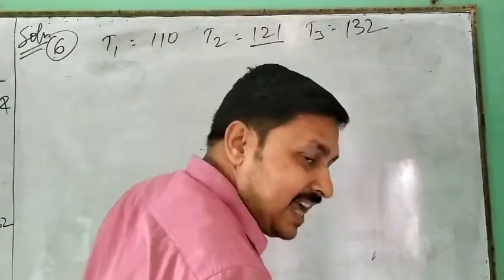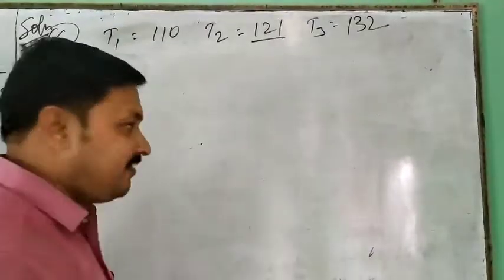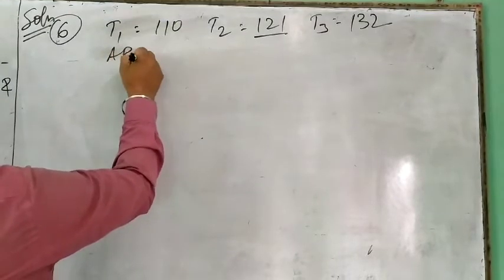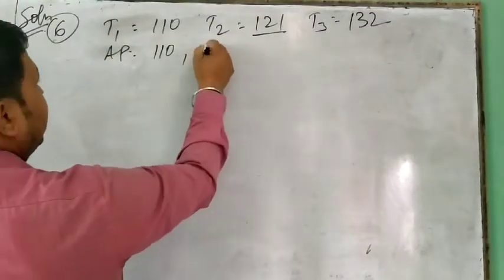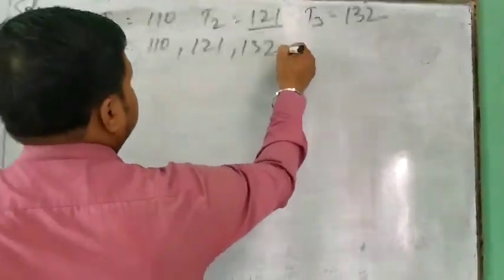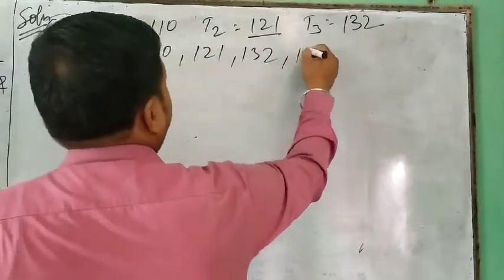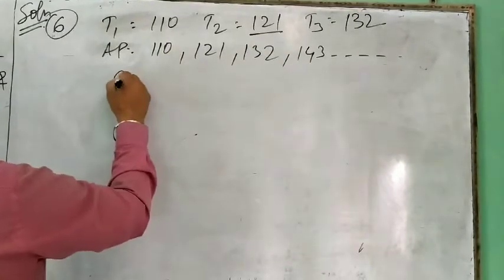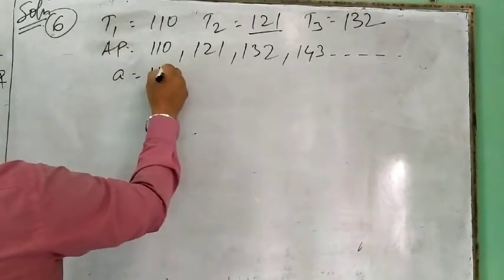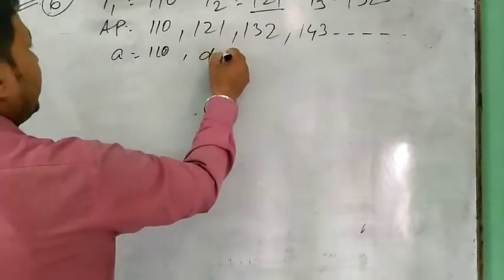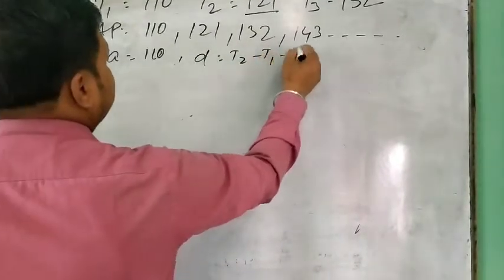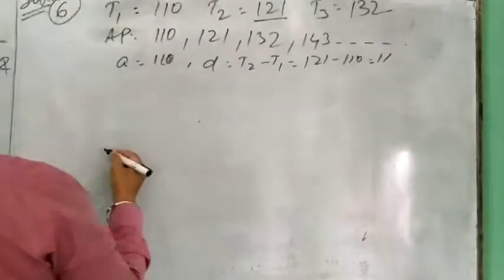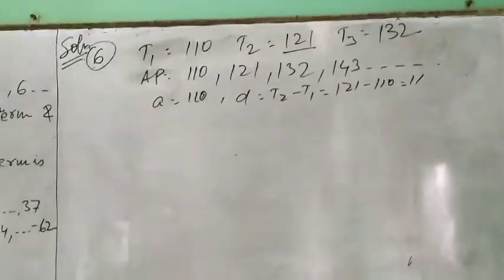The next term, that means D is 11. So the AP is 110, 121, 132, 143 and so on. A equals 110, your D equals T2 minus T1, that means 121 minus 110, that means 11.